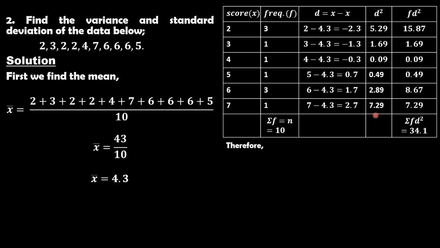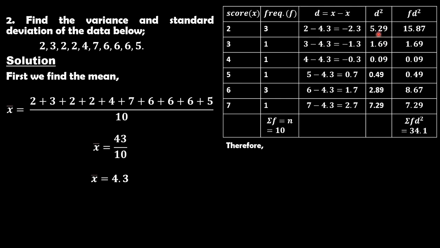Now, the next thing to do is to multiply the frequency by the square of the deviation, that is, their deviation squared. You multiply each frequency to it.